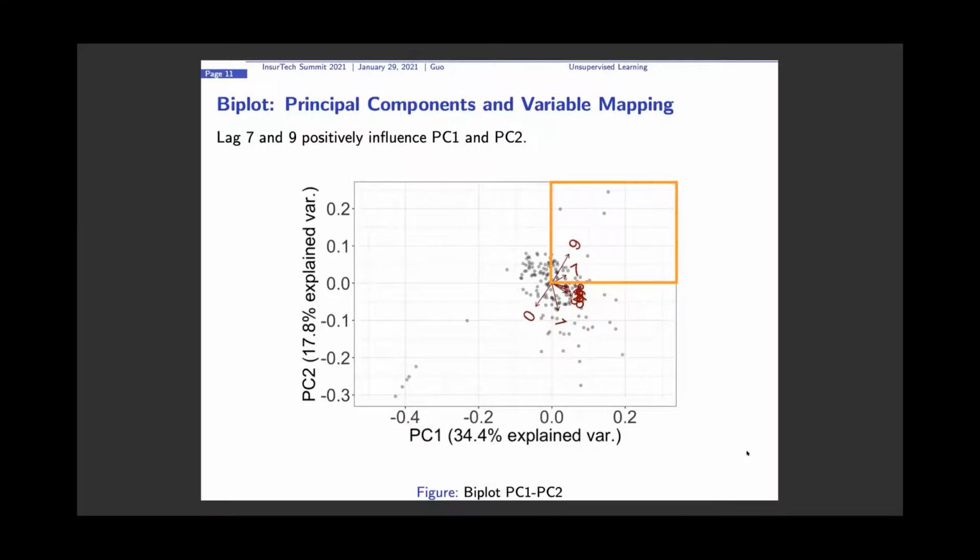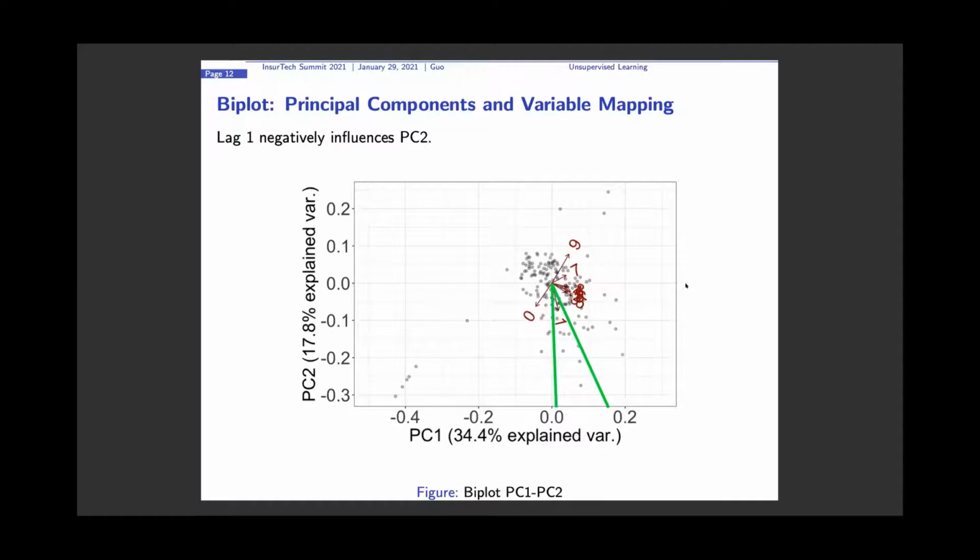On the opposite side, we have arrows pointing to lags 9 and 7. The IRR in these two lags positively influences PC1 and PC2. So all the points congregating here are likely to have a larger IRR in lag 7 and 9.